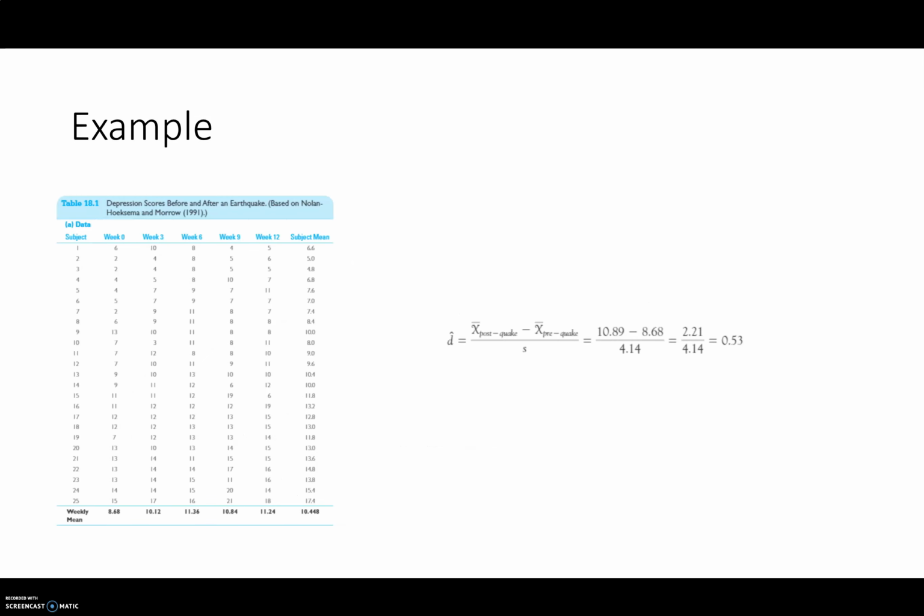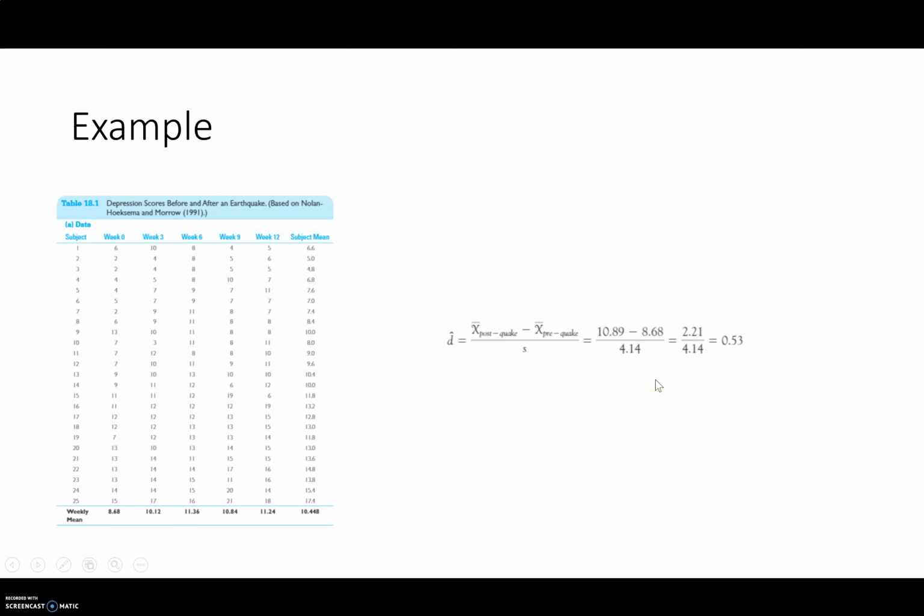So in our case, and this is what they do in the textbook, 4.14 is the standard deviation of this column of data here, the pre-earthquake scores. So they use the pre-earthquake standard deviation, and then they just do the subtraction.